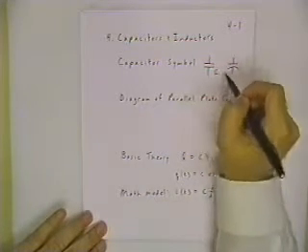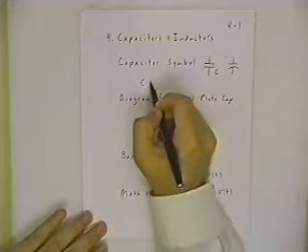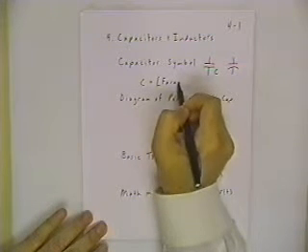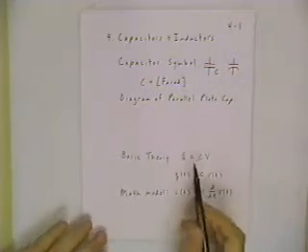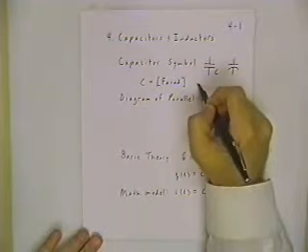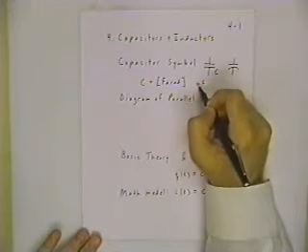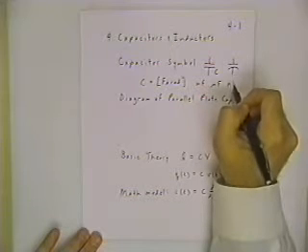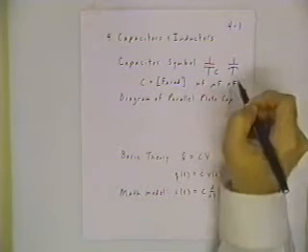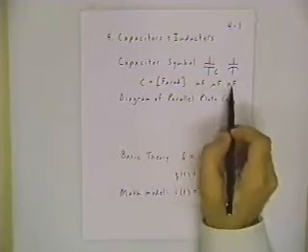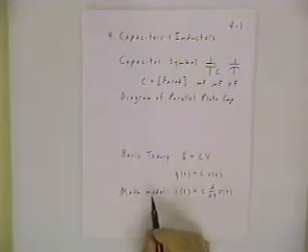Capacitors are labeled with C. Capacitance is measured in units of farads, or just capital F. Some of the common multipliers for capacitors are millifarads with an M, microfarads with a mu, and nanofarads. Nano is 10 to the minus 9, micro is 10 to the minus 6, and milli is 10 to the minus 3. These are some of the more common multipliers you'll find.